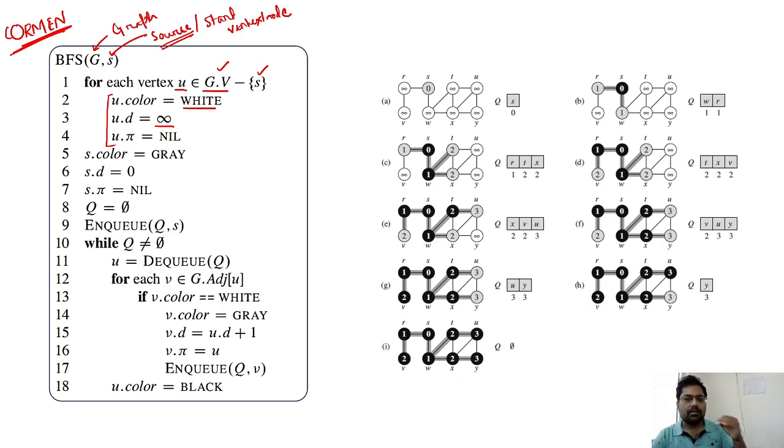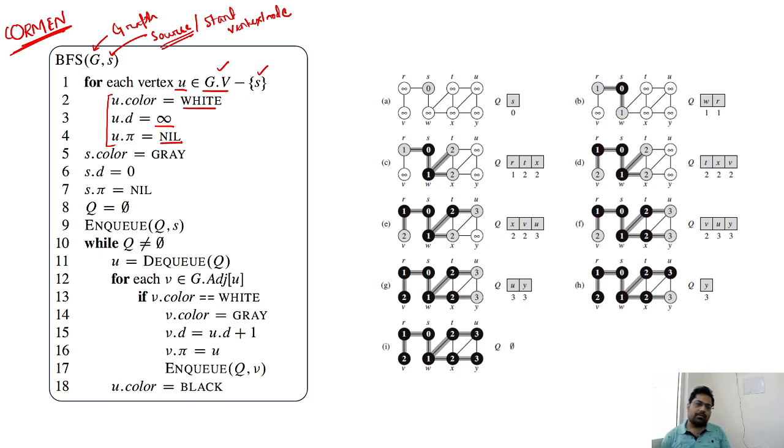Next, u.d means distance. All distances will be considered infinity, which represents the largest value, greater than 0 definitely. Next is nil, which means we have not visited the predecessors, as per the book.